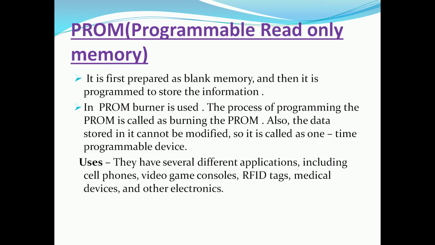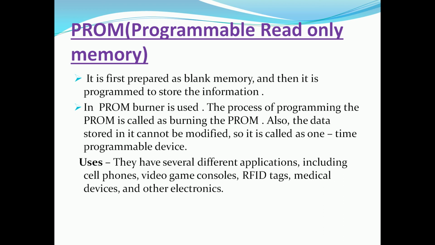Now the second type of ROM is PROM, that stands for programmable read only memory. It is first prepared as blank memory. Then it is programmed to store the information. The difference between PROM and mask ROM is that PROM is manufactured as blank memory and programmed after manufacturing, whereas a mask ROM is programmed during the manufacturing process. In PROM, a burner is used.